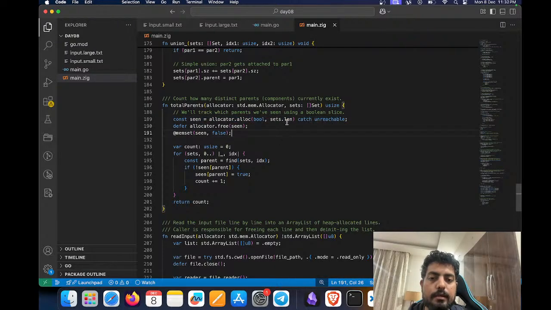We are allocating a Boolean variable. Okay, so seen is actually a Boolean variable of sets.length, and catch unreachable. So we are assuming that there won't be any error while allocating this Boolean array of length sets.length, and then we are freeing this thing, and at the same time we are setting the values to false.